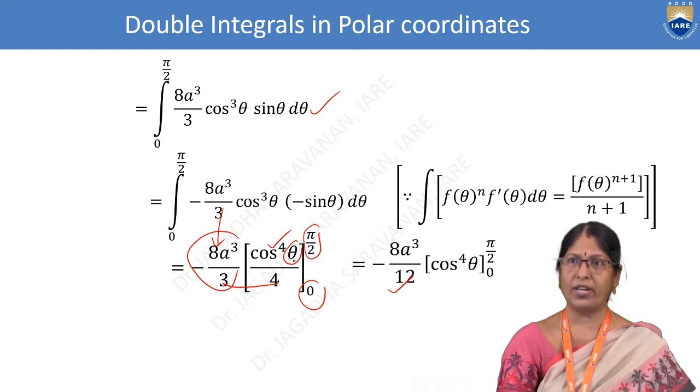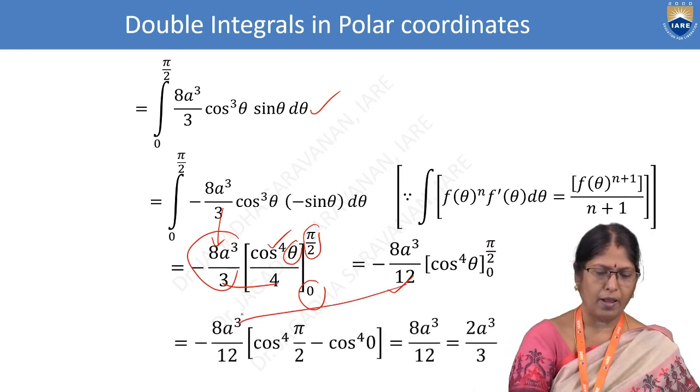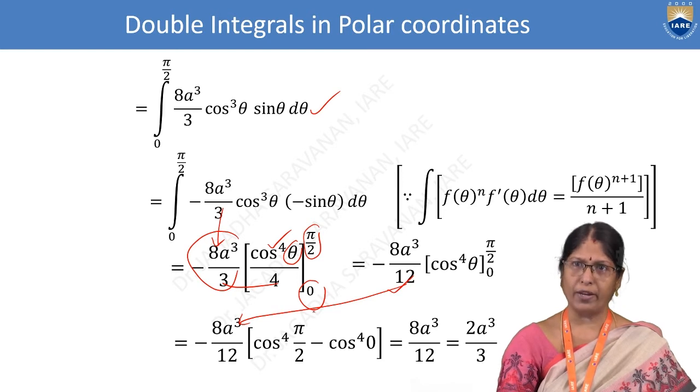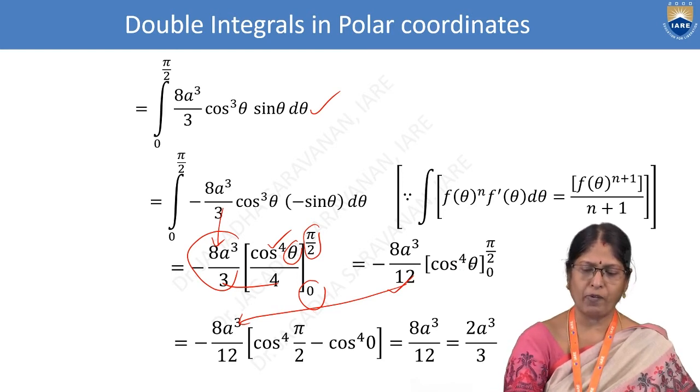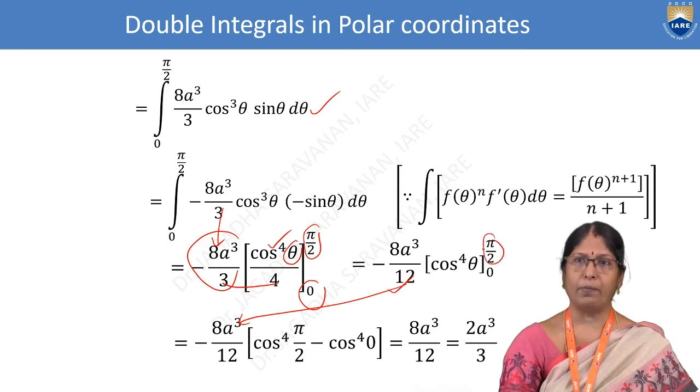Cos power 4 theta, 0 to pi by 2. Now here minus 8a cubed by 12, cos power 4 theta. So the upper limit is pi by 2.